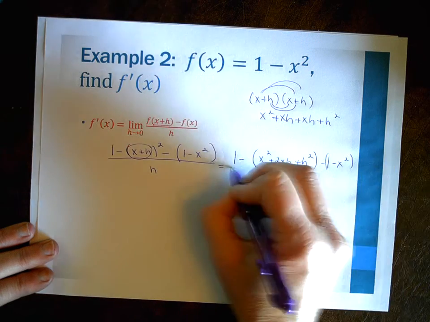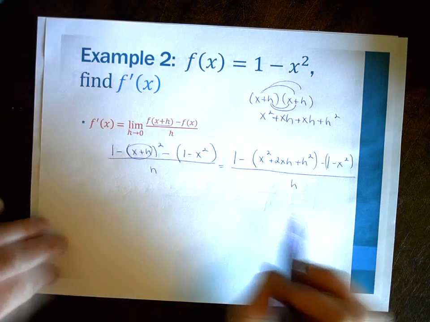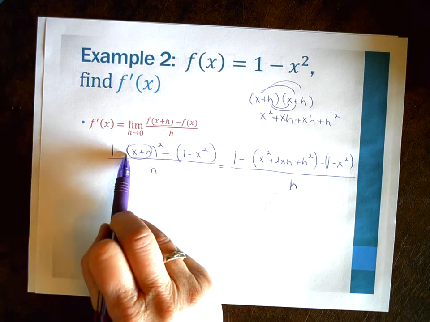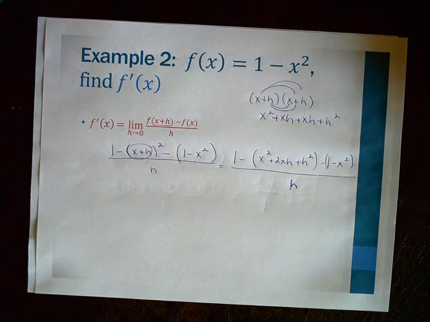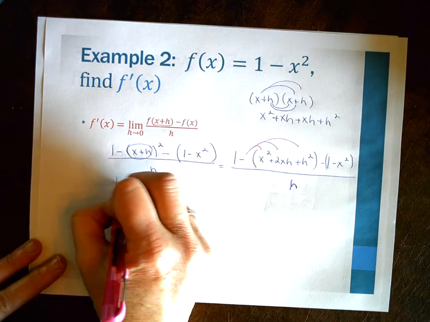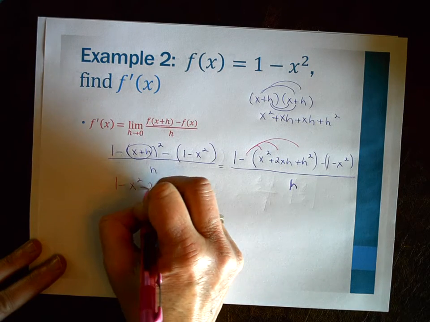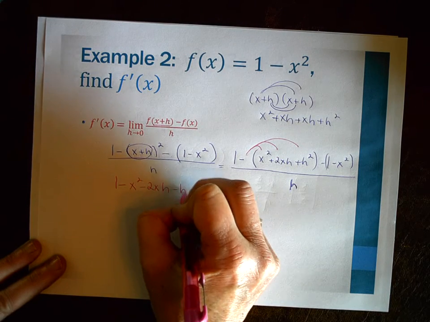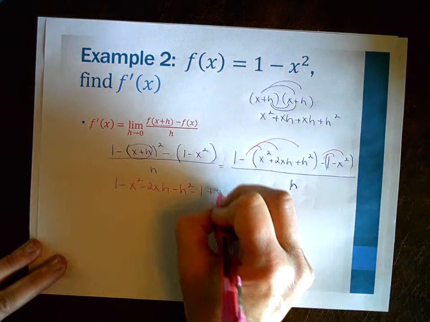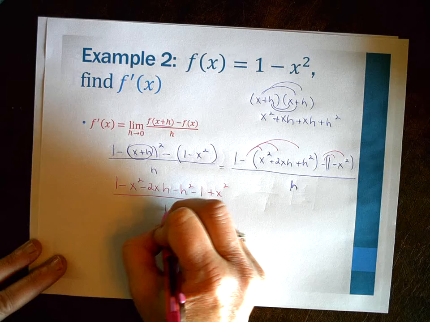So you're going to see two things different in parentheses. This part in parentheses has a minus, and this part I haven't distributed the negative. Now I'm going to distribute the negative to everything in here. So I have 1 minus x squared minus 2xh minus h squared. I'm going to distribute the negative here: minus 1 plus x squared, over h.